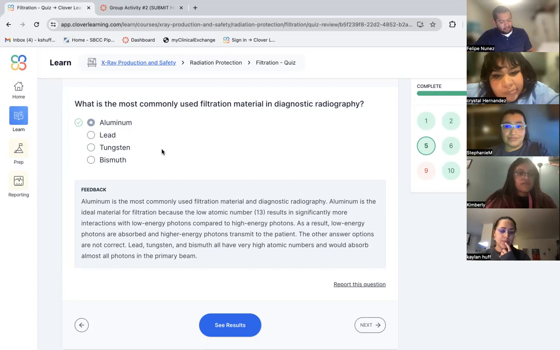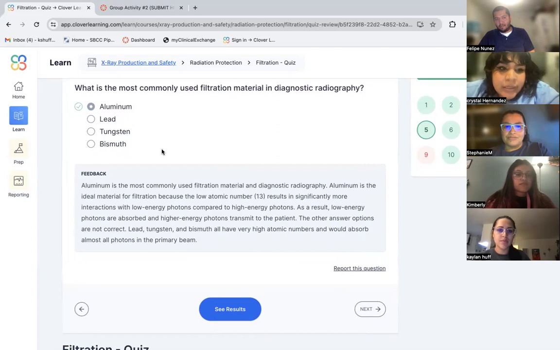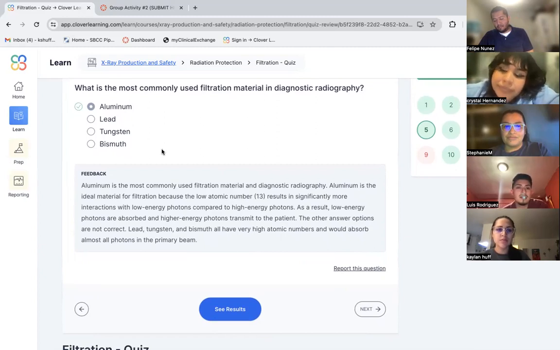I believe so, yeah. And then tungsten, I'm curious what that would do. Well, I think it would literally just absorb the majority of the photons from the beam, because the atomic number is so high.